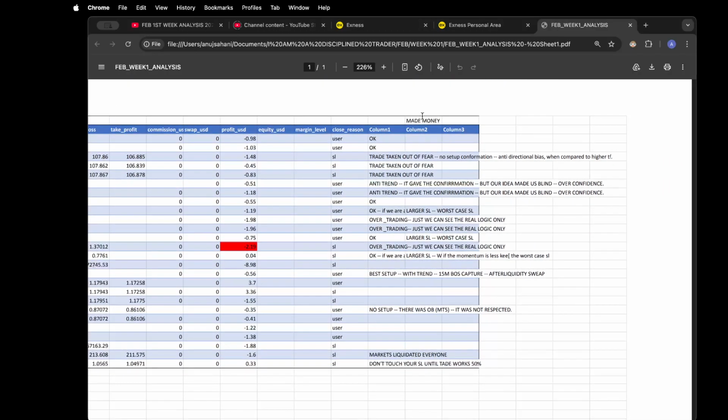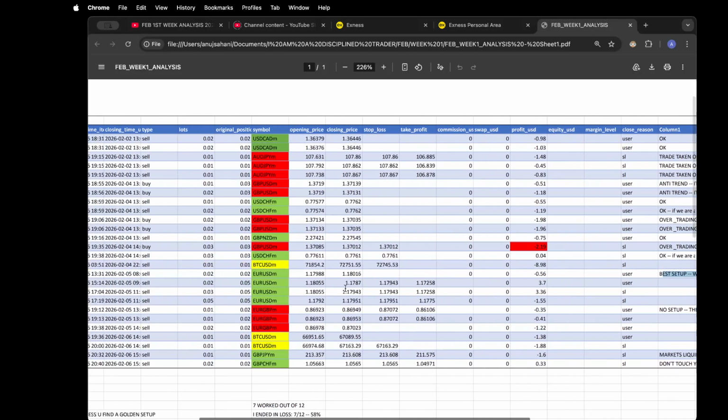So the trade was taken out of here, the trade was taken anti-trend. Okay, if we are overtrading, okay, best setup with trend.